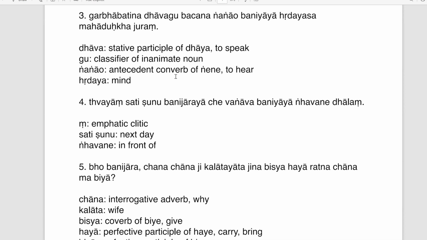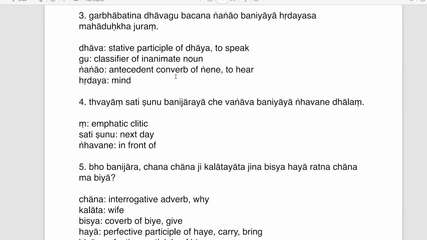After going to the merchant's house, Baniyaya, of the merchant, bhavane, in front of the. So just the next day after that, he went to the merchant's house and spoke in front of him. Yes, exactly, that's perfect.